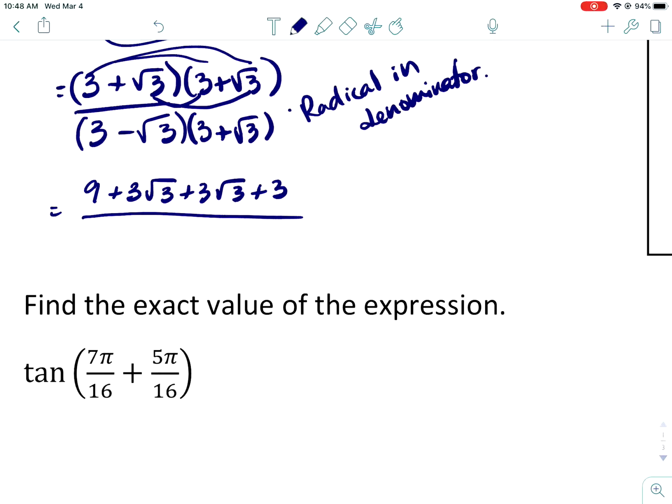However, in the denominator, because they're conjugates, we can do a shortcut form of that, where we just multiply the 3 times the 3, and negative square root of 3 times square root of 3. All right, so y'all go ahead in the numerator and denominator and combine your like terms, please.